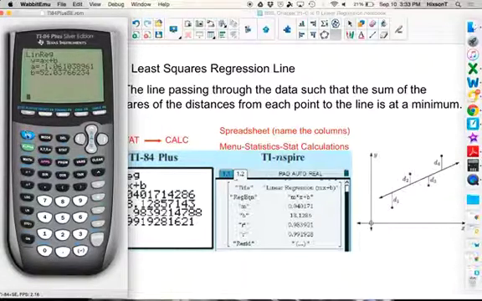You're going to hit second catalog, and this lists every function your calculator is capable of doing. All right, so we're going to scroll down to the D's, and there's diagnostic off and diagnostic on. We want to make sure the diagnostics are turned on, so we hit enter.